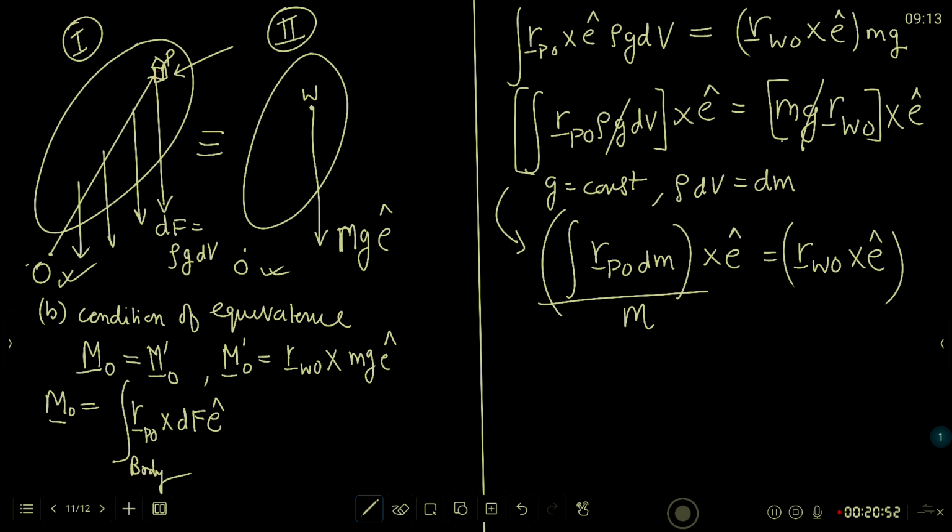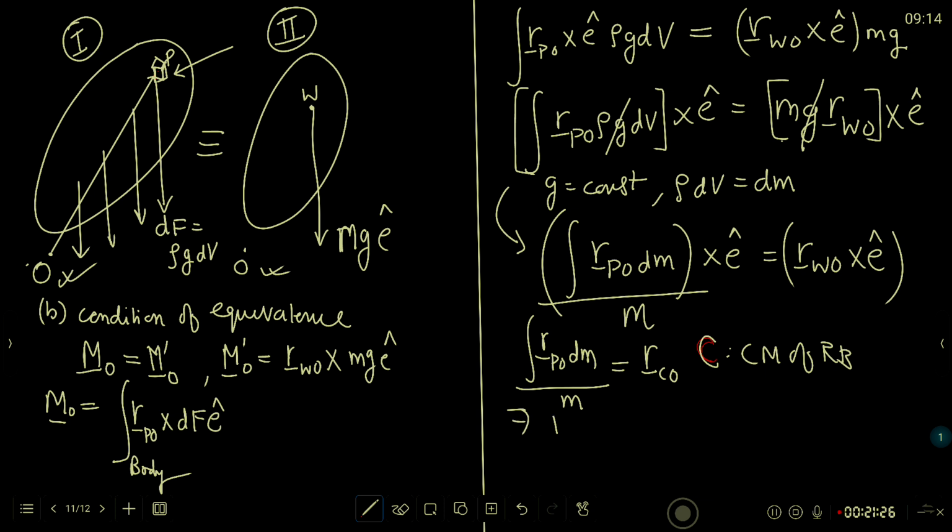Now recall that the integral of r_PO dm divided by m is actually the position of the center of mass, CM of RB.